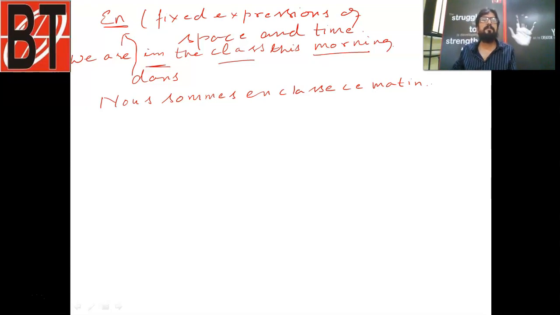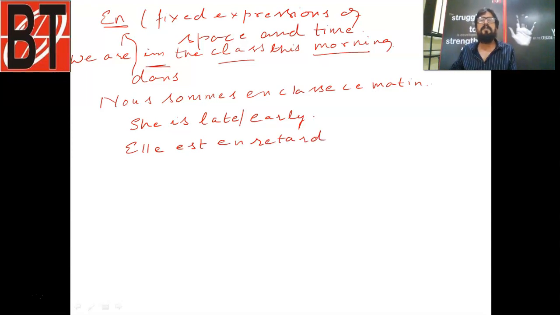Okay, for example, ये वाला एक्सप्रेशन बहुत कॉमन है, इसको आप हमेशा ध्यान रखेंगे. She is late, और अगर अर्ली है तो अर्ली भी. ओके, तो आप इसको हमेशा बोलेंगे en retard, to be late, être en retard. देखो जो एक्सप्रेशन है आपका वो है être en retard, और इसी तरीके से to be early, être en avance.